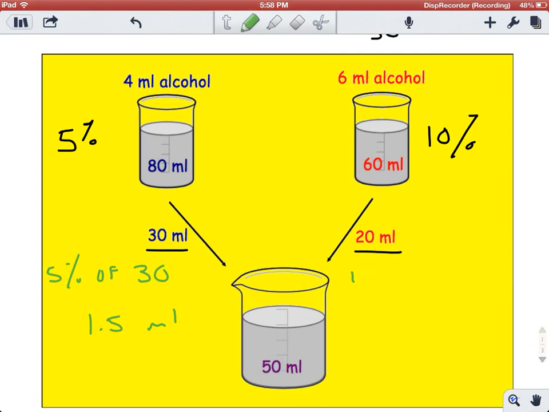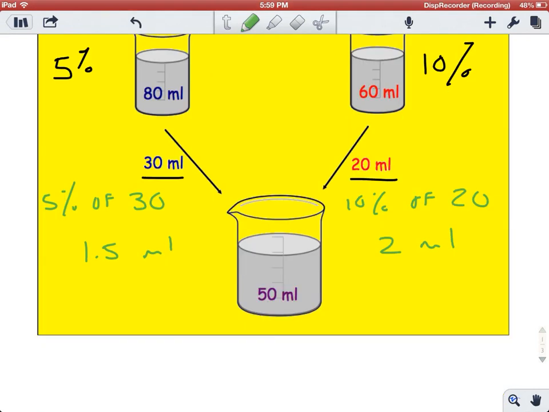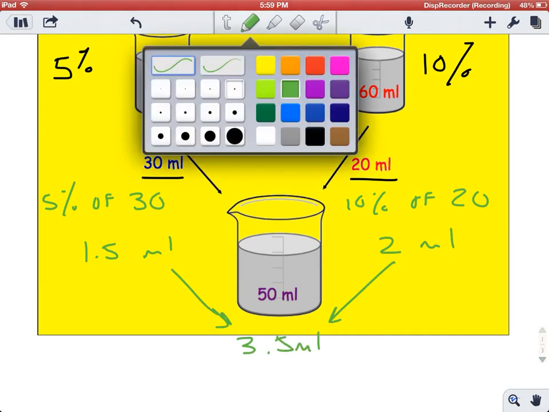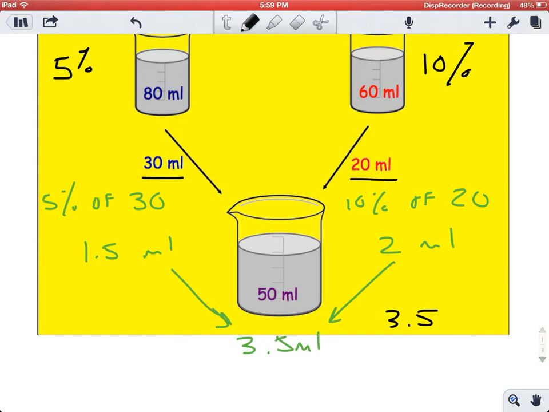And then I just have to do 10% of 20 milliliters, and that's 2 milliliters. So now I have a grand total of 3.5 milliliters of alcohol out of a grand total of 50, so that's 3.5 out of 50, so that's going to be 7% alcohol, a 7% concentration in that beaker.